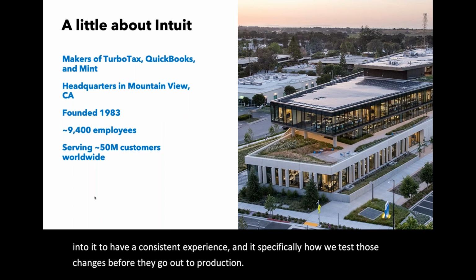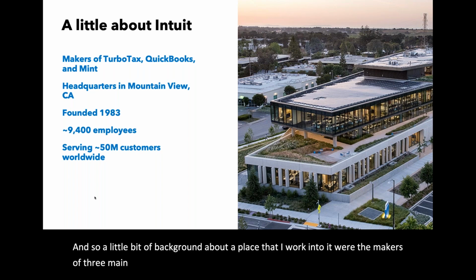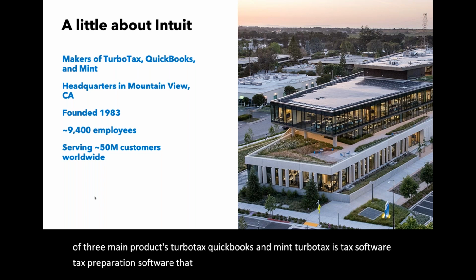A little bit of background about the place that I work, Intuit. We're the makers of three main products, TurboTax, QuickBooks, and Mint. TurboTax is tax preparation software that is primarily used in North America.